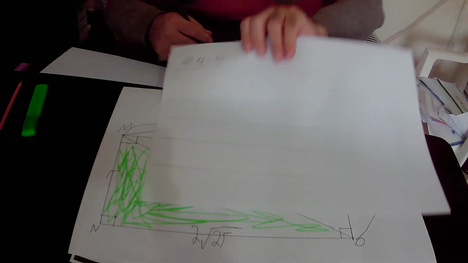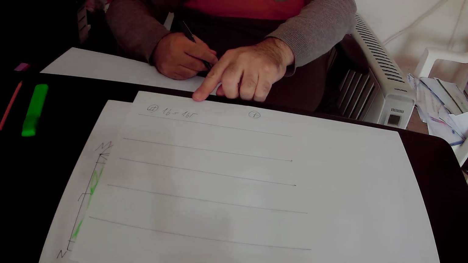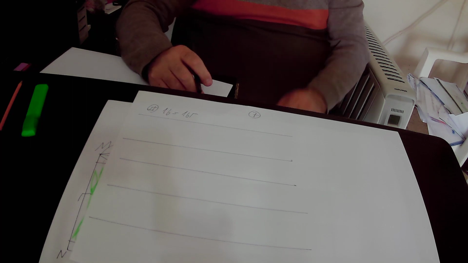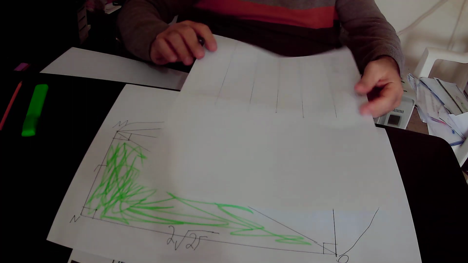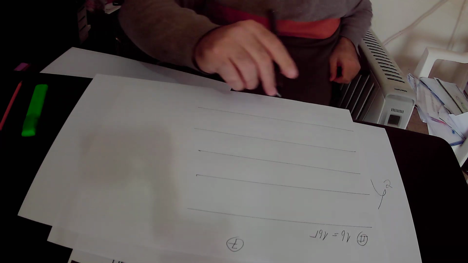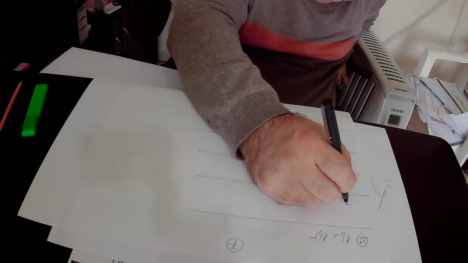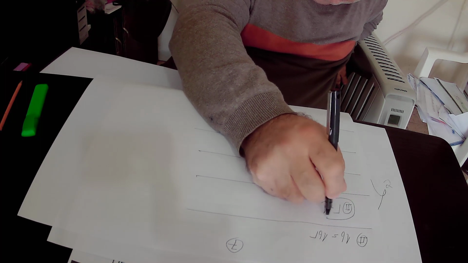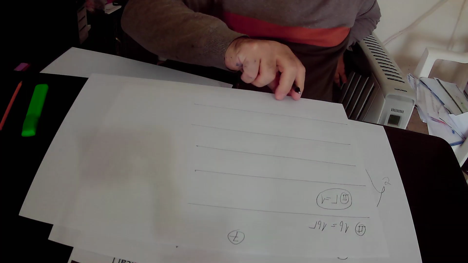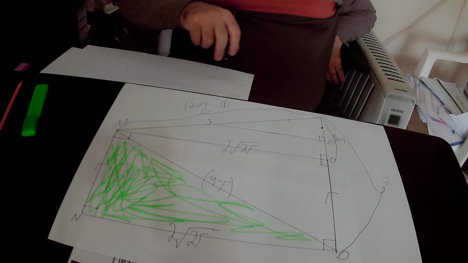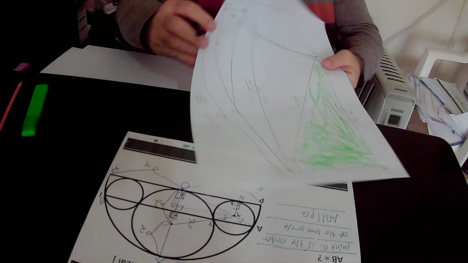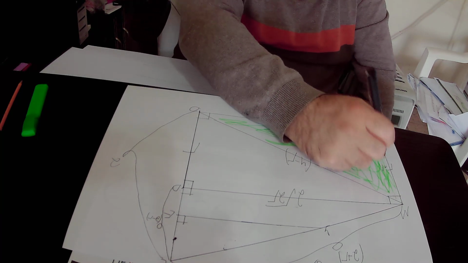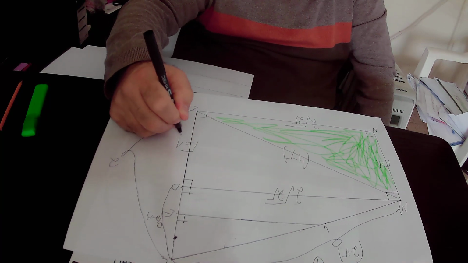So actually we got that 16 equals 16R. Here we will divide this equation by 16, and we will get that R equals 1. So we found out that the radius of the small circle equals 1 unit. So R equals 1.